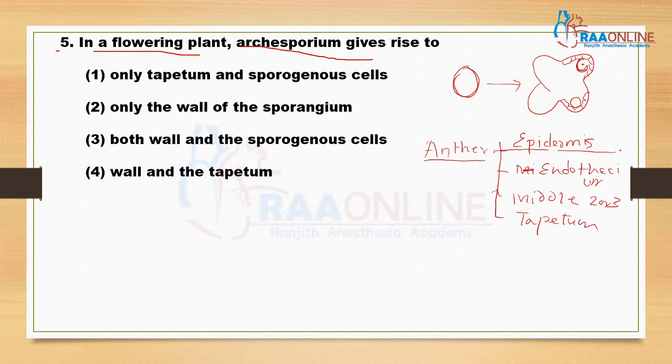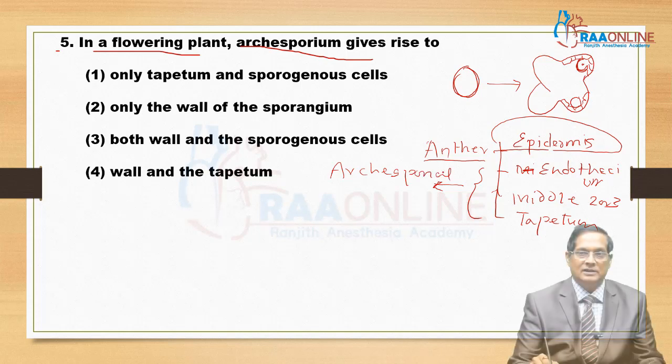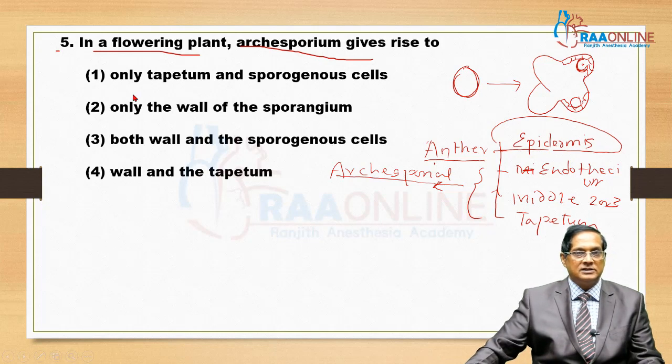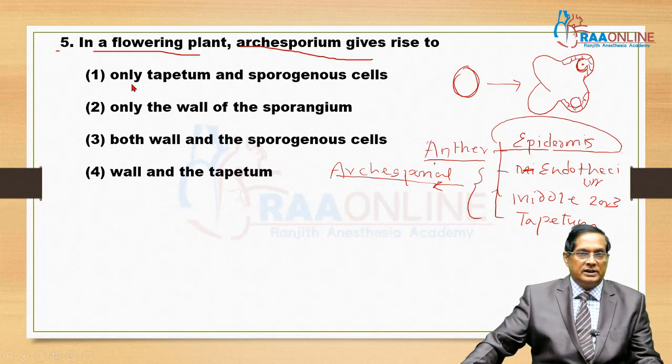Except for the epidermis, the remaining three layers are produced by the archisporial tissue.